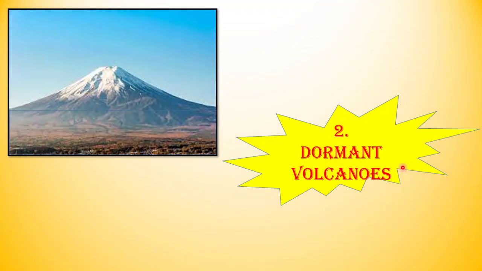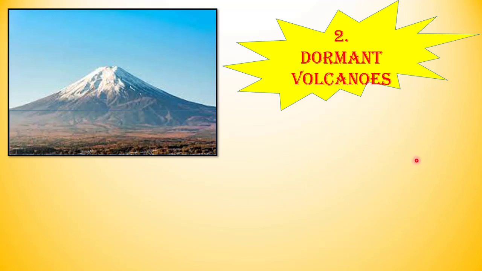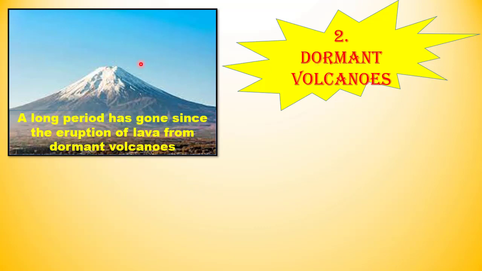Next, we are going to discuss the second type of volcanoes, dormant volcanoes. You can see over here the dormant volcanoes. What is coming to mind about dormant? A long period has gone since the eruption of lava from dormant volcanoes.